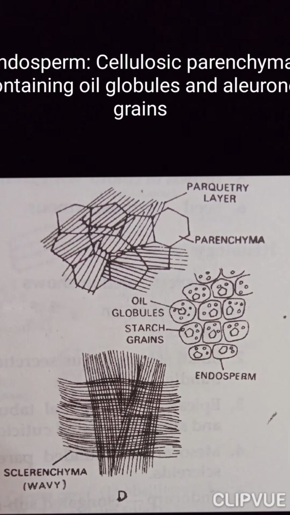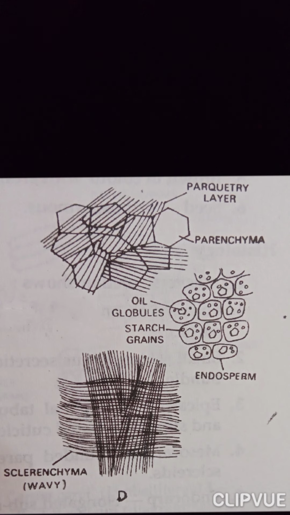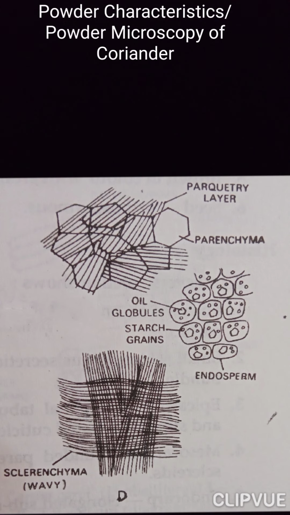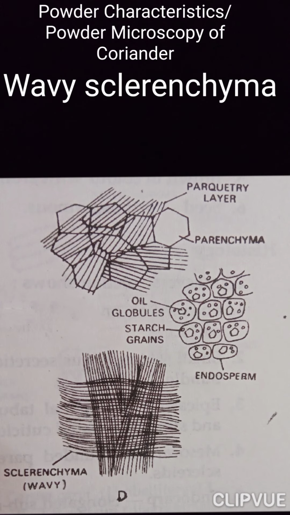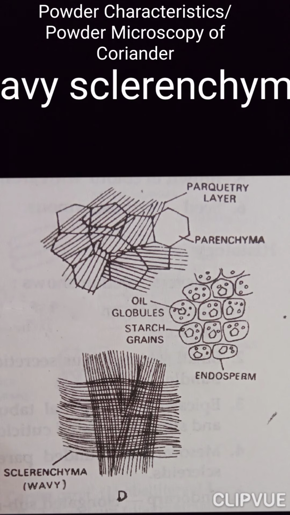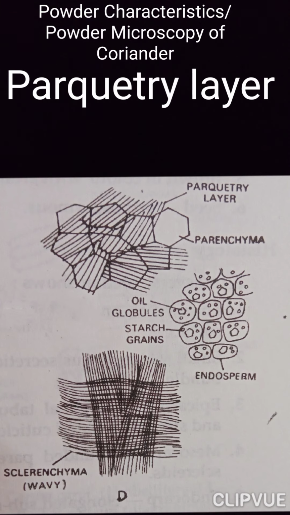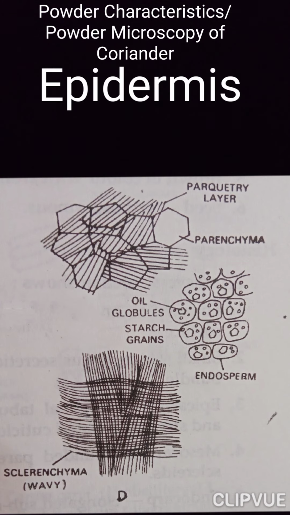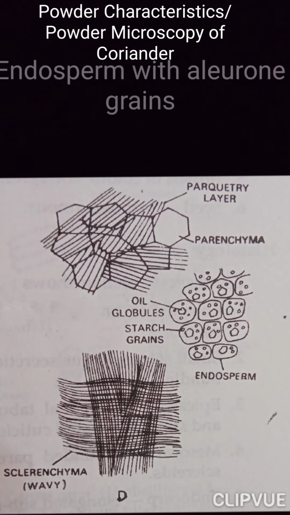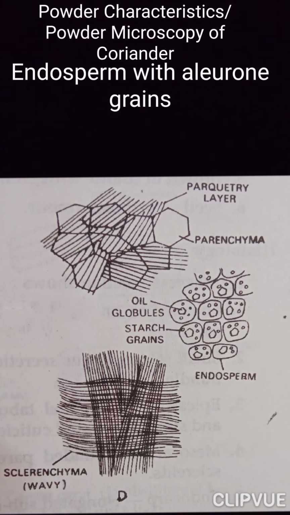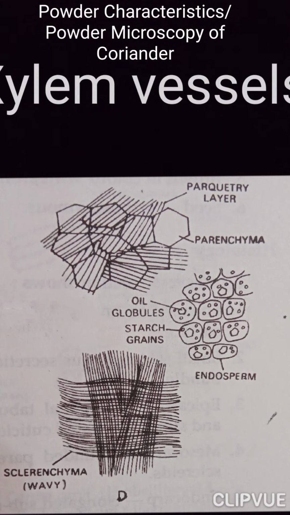Coming to the powder characteristics or powder microscopy of coriander fruit, mostly we observe the wavy sclerenchyma. Then the second one, the parquetry layer, as shown in the image. Third, epidermis, then endosperm with aleurone grains and the xylem vessels.